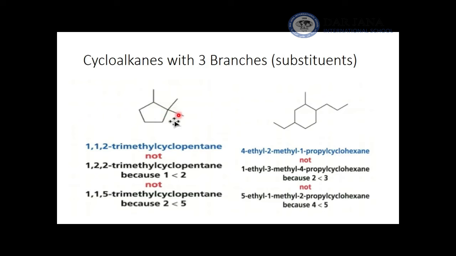This is the first alkyl group, methyl, second methyl group, and the third methyl group. If you start numbering from this carbon atom, the numbers will be 1, 1, 2. If you start numbering from this carbon, the numbers will be like that, 1, 2, 2.